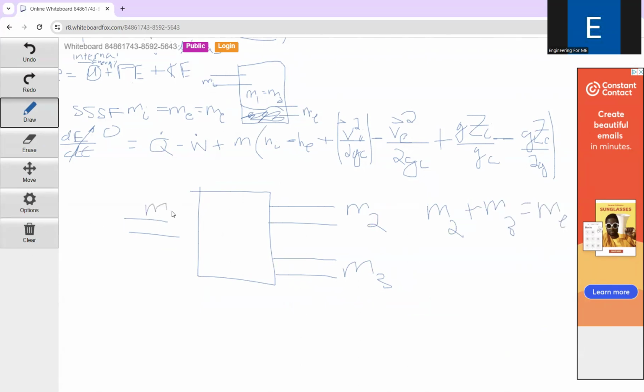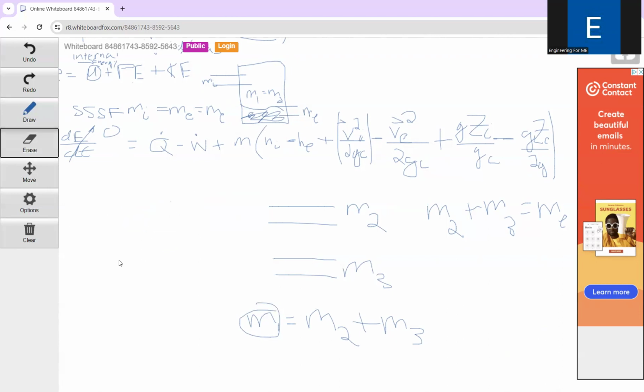And then this would be M initial. So now we know that M, which is also equivalent to M1. That's a really helpful way to just understand it too.